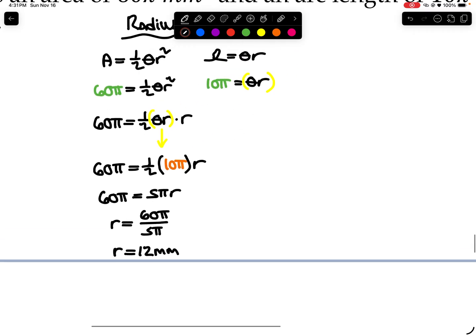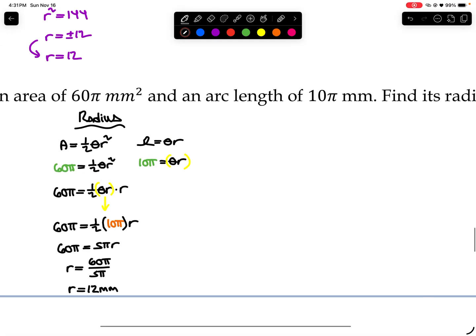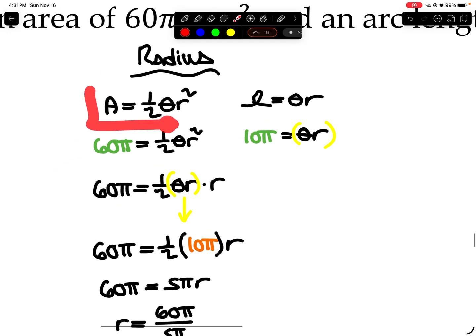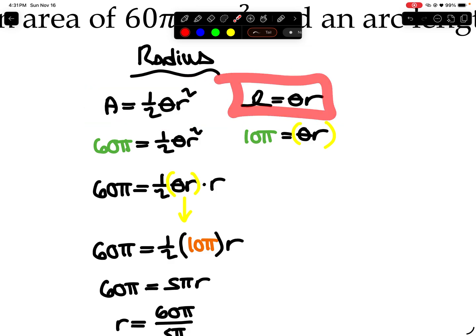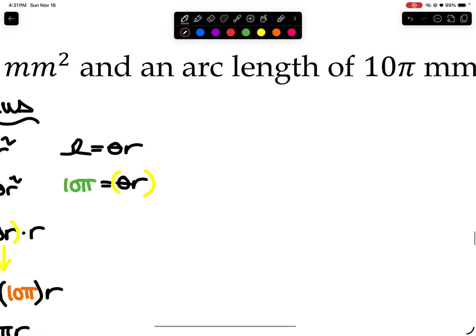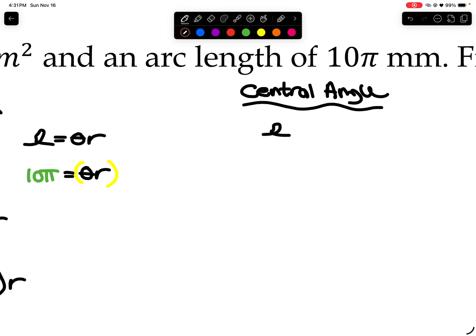So that was kind of a system of equations sort of thing. So now that I have the radius, now I can work backwards to find the central angle. In terms of finding the central angle, you can use either the area formula or the arc length formula. I'm going to recommend that you use the arc length formula. It's more simple, less steps to solve, but that's just me. So I'm going to use the arc length, which is equal to theta times r.